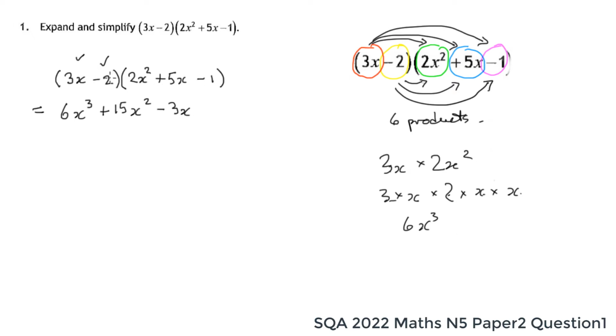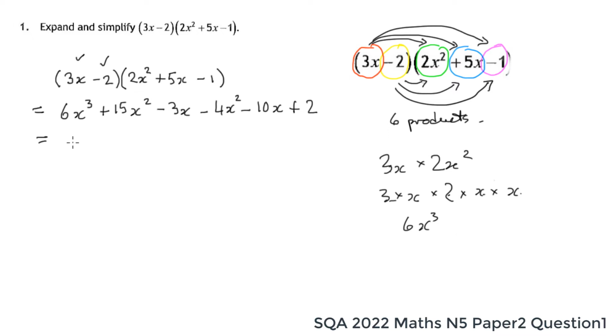So we'll have negative 2 times 2x squared, that's negative 4x squared, that's yellow times green. Yellow times blue, negative 2 times the 5x is negative 10x. And then finally, yellow times purple, negative 2 times negative 1, that's positive 2.